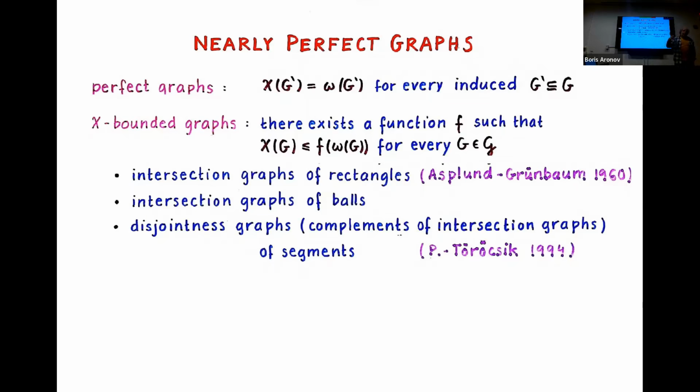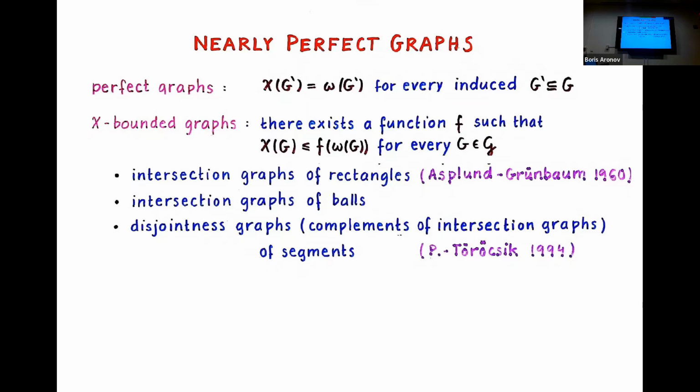They are not necessarily perfect, but Asplund and Grünbaum in 1960, and perhaps that was the first result, much before this concept of chi-bounded or nearly perfect graphs was introduced, proved that intersection graphs of rectangles are chi-bounded.